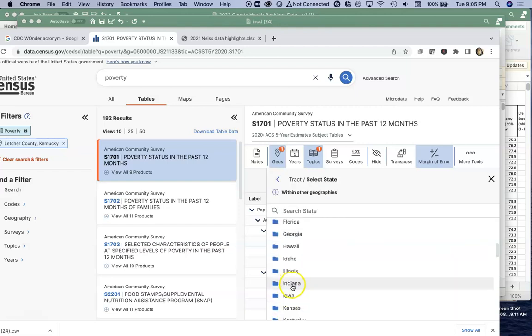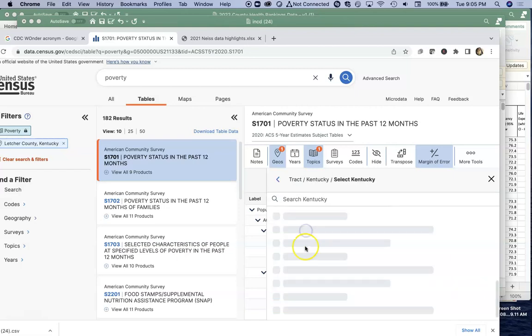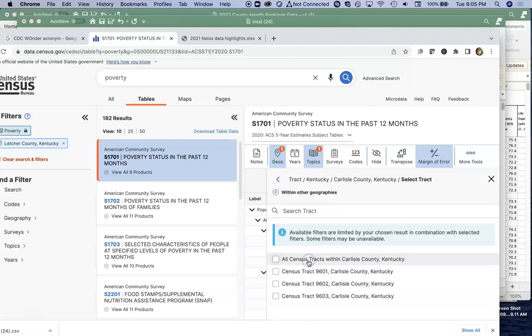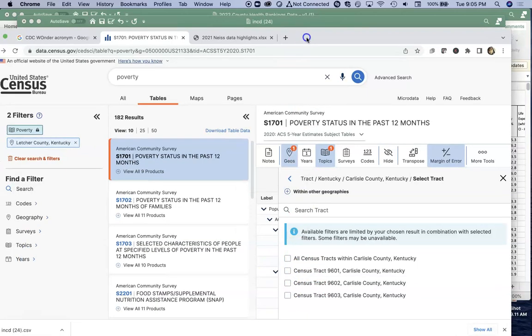So you can pull information at the census tract level, just pick on some random county. Rural counties don't have as many, so you can get data at the census tract level as well. So that's one of the advantages of being able to use the Census Bureau.